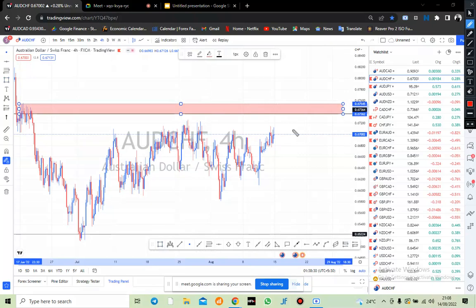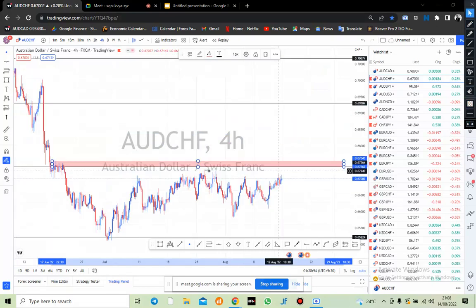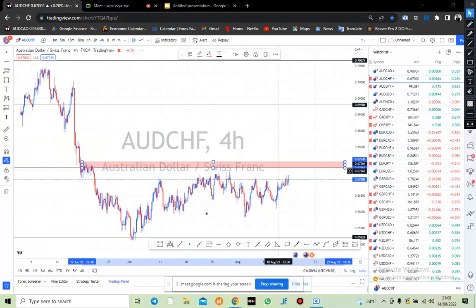If I see the price approach the resistance and break it, then the market is likely to move up. In the meantime, this area is where I'll be expecting the price to drop. So on AUDCHF, I'm expecting the price to rise to this resistance before it drops.